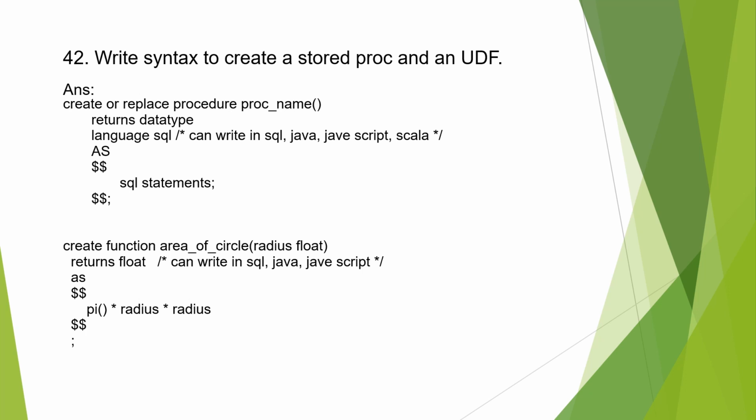It supports all these languages. In traditional databases like MySQL or Oracle, wherever you are writing stored procedures, you can write only in SQL, structured query language. But here we can write in any language.